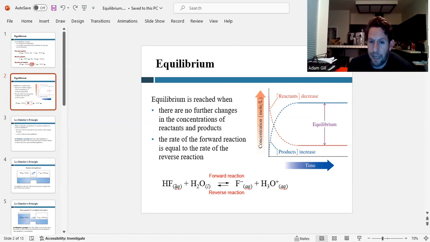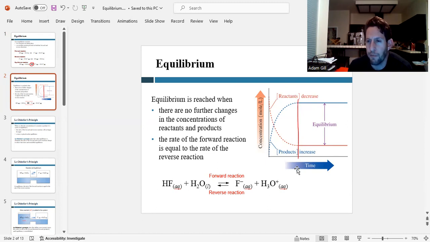And that's because the reactants are getting converted into products. And now at some point in time, you reach a flat line right here. And at this point, there's no further change in the amount of products and no further change in the amount of reactants. They're a set amount.